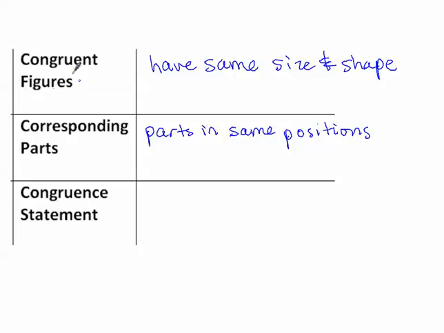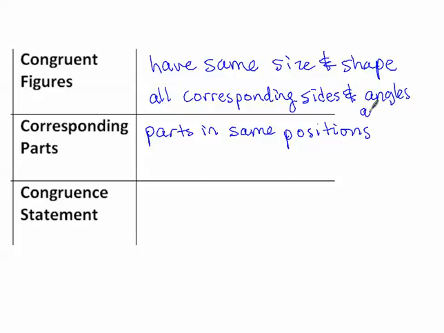So if the figures are congruent, there is a correspondence between the parts such that all of the corresponding sides and angles are congruent.